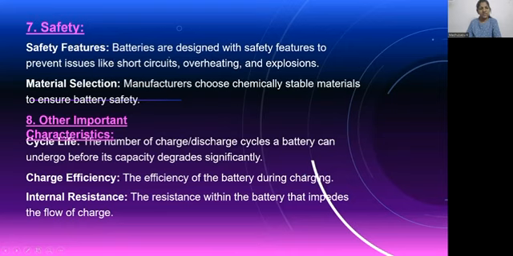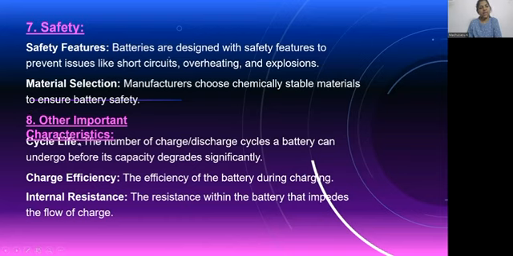Safety features: batteries are designed with safety features to prevent issues like short circuits, overheating and explosions. Material selection is a very important characteristic in order to select a particular type of battery. Manufacturers choose chemically stable materials to ensure battery safety.